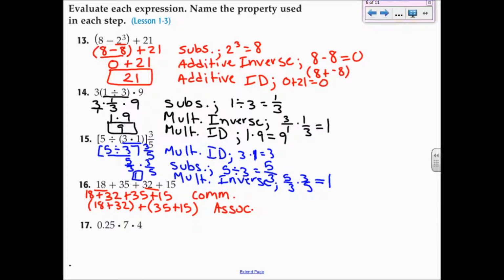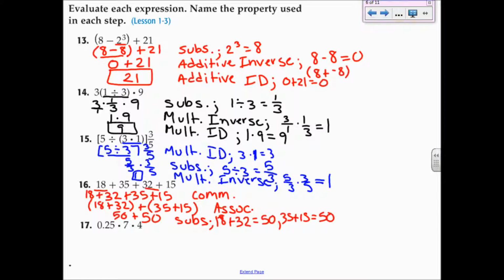So 18 plus 32 is 50. And 35 plus 15 is also 50. That's the substitution property, because 18 plus 32 equals 50, and 35 plus 15 equals 50.